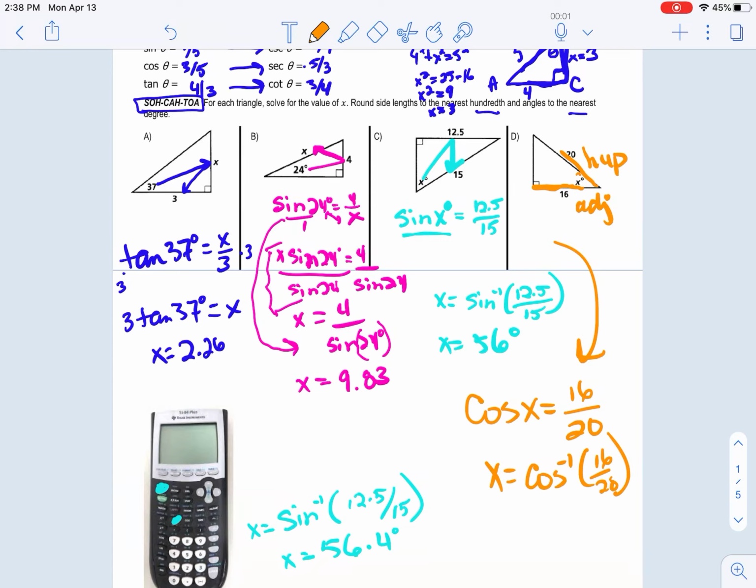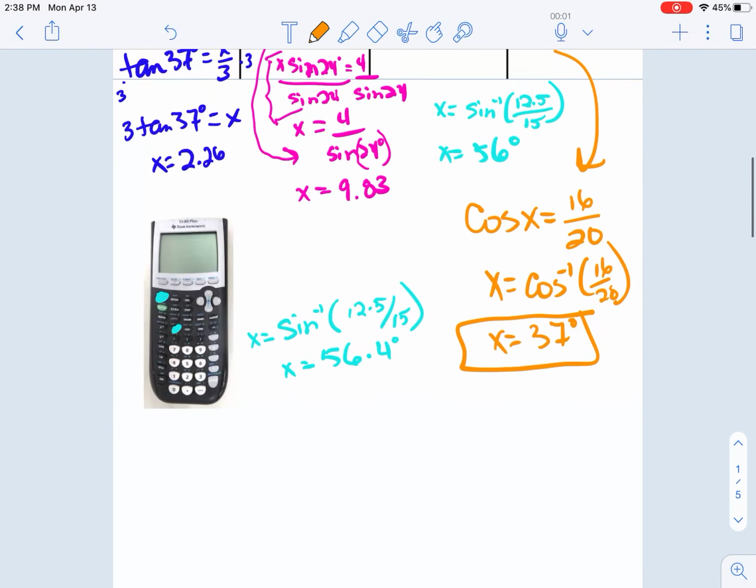So now inverse cosine of 16 divided by 20. And we get x equals 36.8, so really 37 degrees. Okay? So that is each piece of the solving.